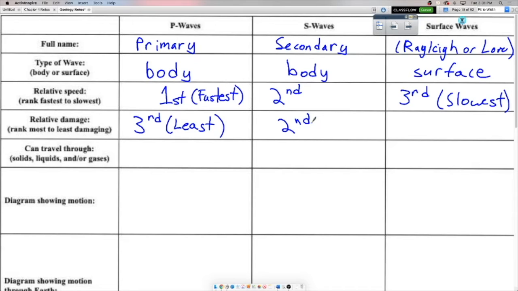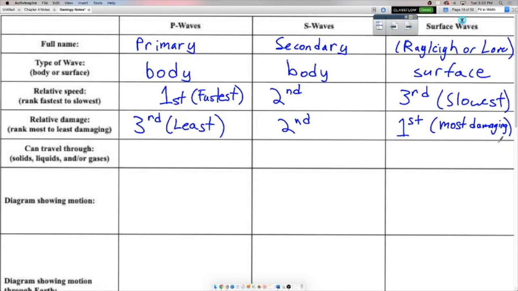Well, that way, when the P waves arrive, we can get ready. We can make the preparations we need to for the bigger, more damaging waves that we know now are on their way, right? It would kind of suck if we got hit with the surface waves first. We had no idea anything was coming, and boom, the most damaging waves arrive. So we're kind of lucky that it goes in that order. It allows us to get prepared.